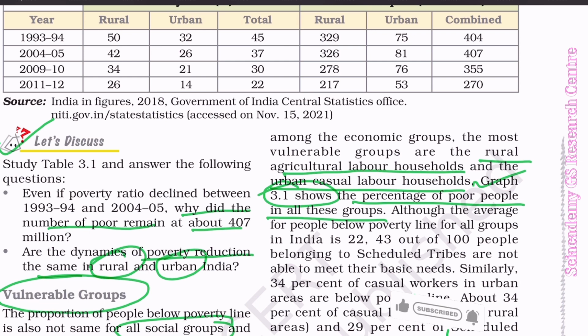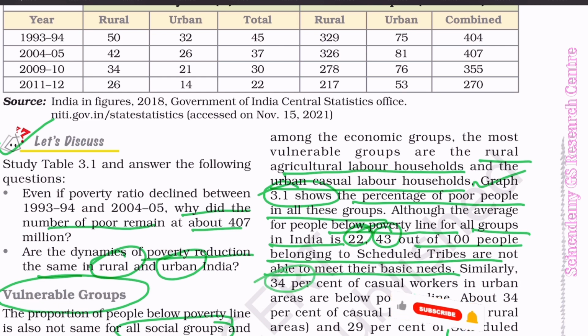Although the average for people below the poverty line for all groups in India is 22, 43 out of 100 people belonging to scheduled tribes are not able to meet their basic needs. Similarly, 34% of casual workers in urban areas are below the poverty line.